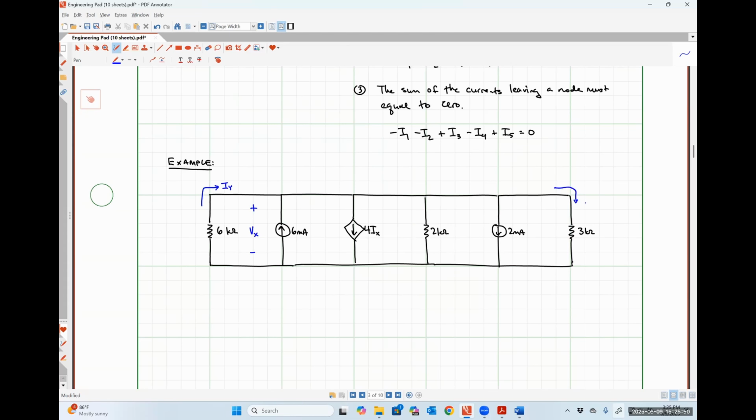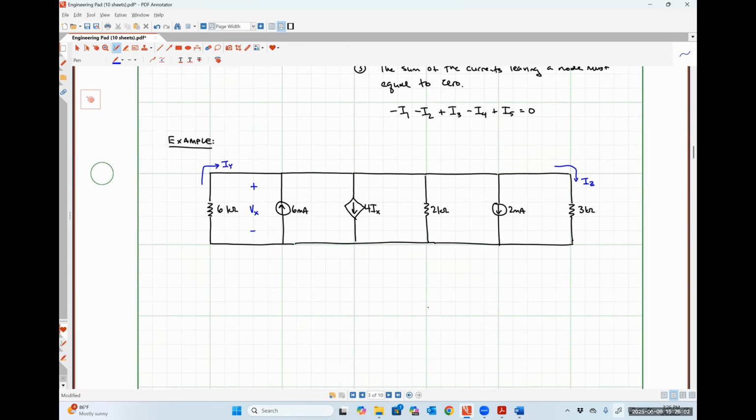And lastly, this current over here is going to be Iz. And I want us to simply solve for Vx, Iy, and Iz. And we're going to do this using a combination of Kirchhoff's current law and Ohm's law. Okay.